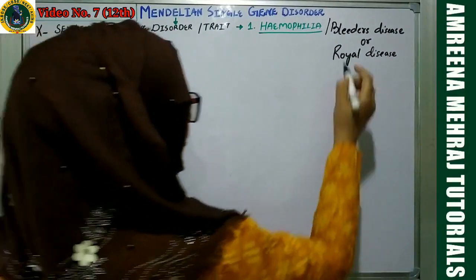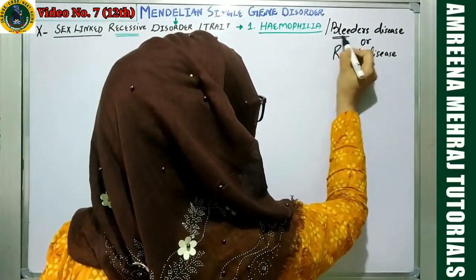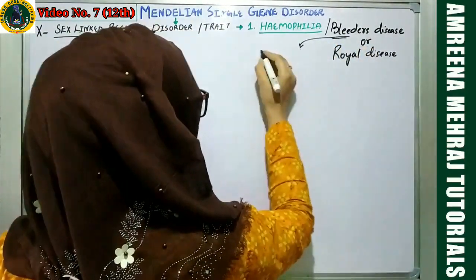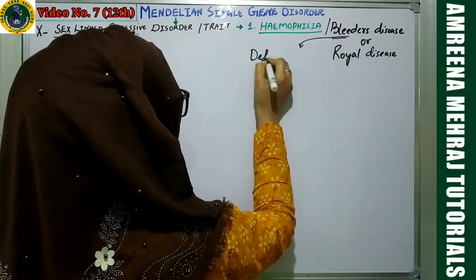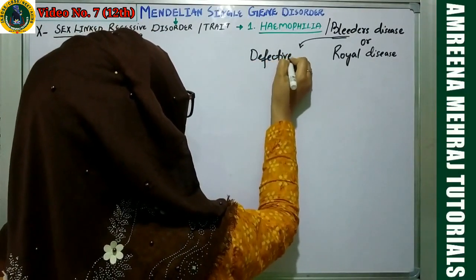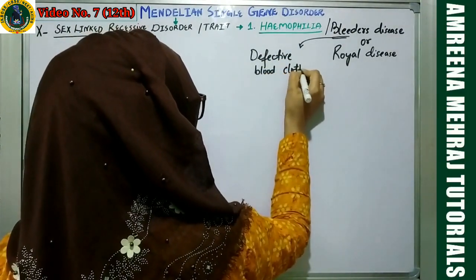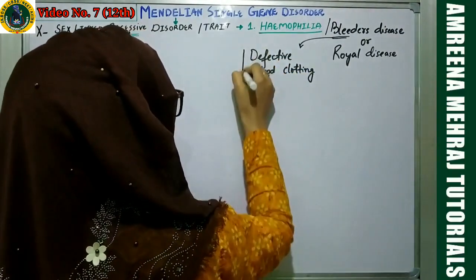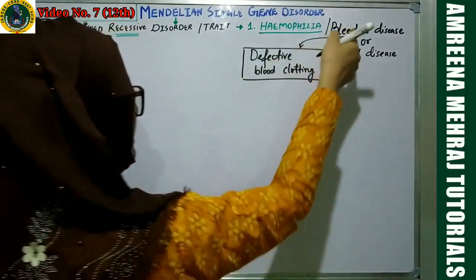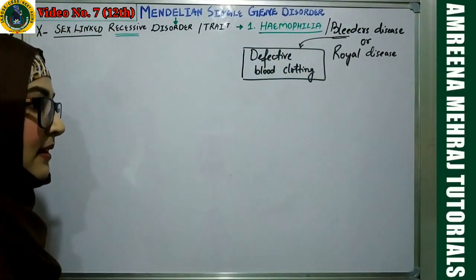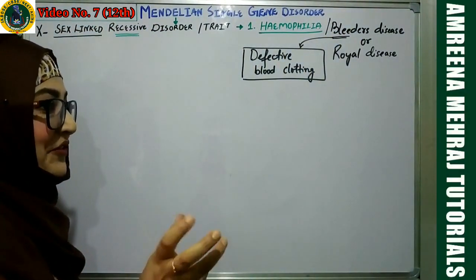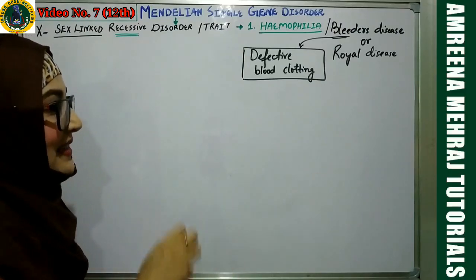Look, from the name bleeder's disease you got the idea that the disorder pertains to defective blood clotting. You got this idea just from the alternative name. That means there will be some sort of defect as far as blood clotting is concerned.